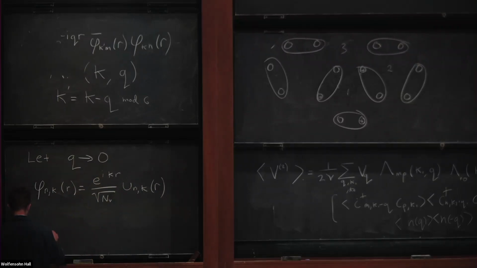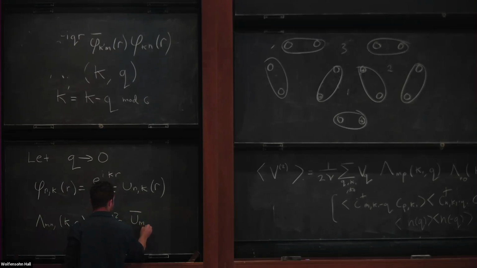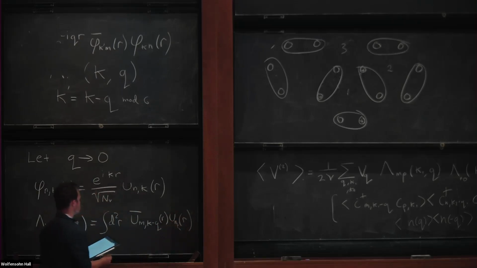So what you actually get is that lambda_mn(k,q) can just be written in terms of the Bloch wave functions as u bar_{m,k-q}(r) u_{n,k}(r).